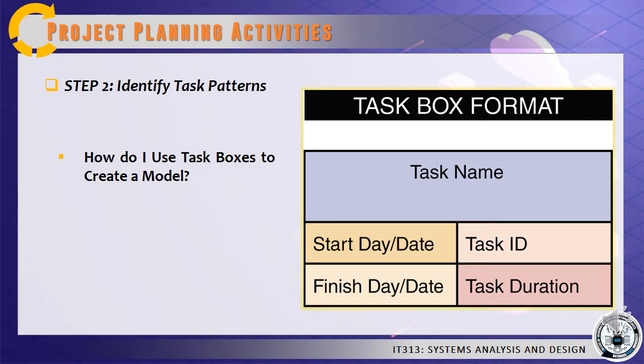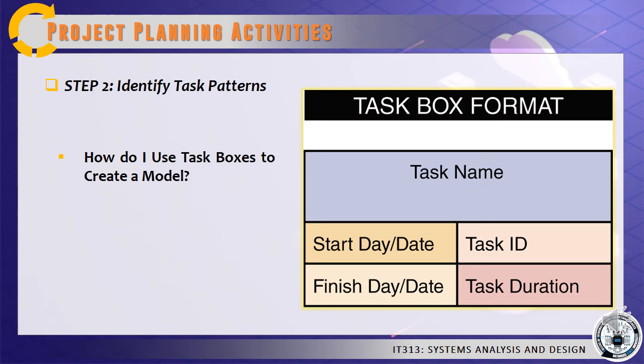Start day or date is the time that a task is scheduled to begin. For example, suppose that a simple project has 2 tasks, task 1 and task 2. Also suppose task 2 cannot begin until task 1 is finished. An analogy might be that you cannot run a program until you turn on your computer.